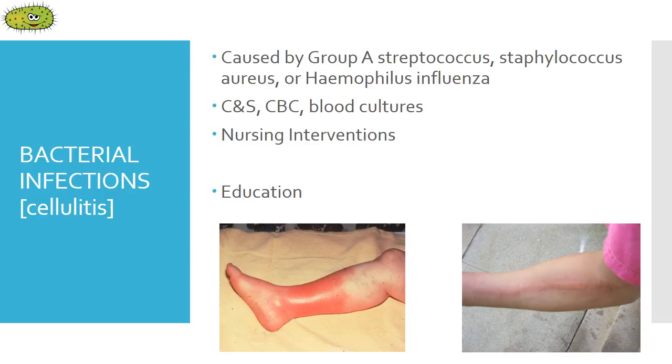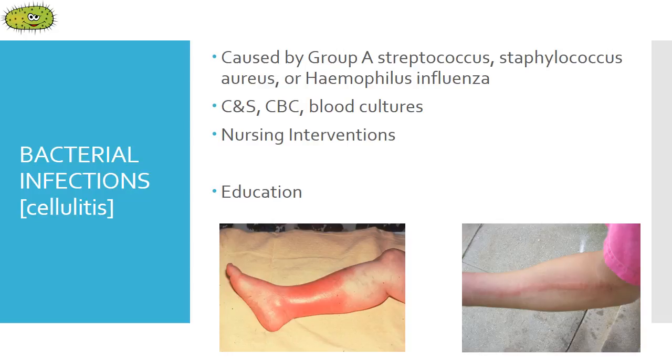It goes from the affected area down the lymph tract and just keeps on going. You may see that. Also, if it becomes worse and becomes systemic, you would see symptoms like fevers, chills, and general malaise. And obviously that would not be a good sign.